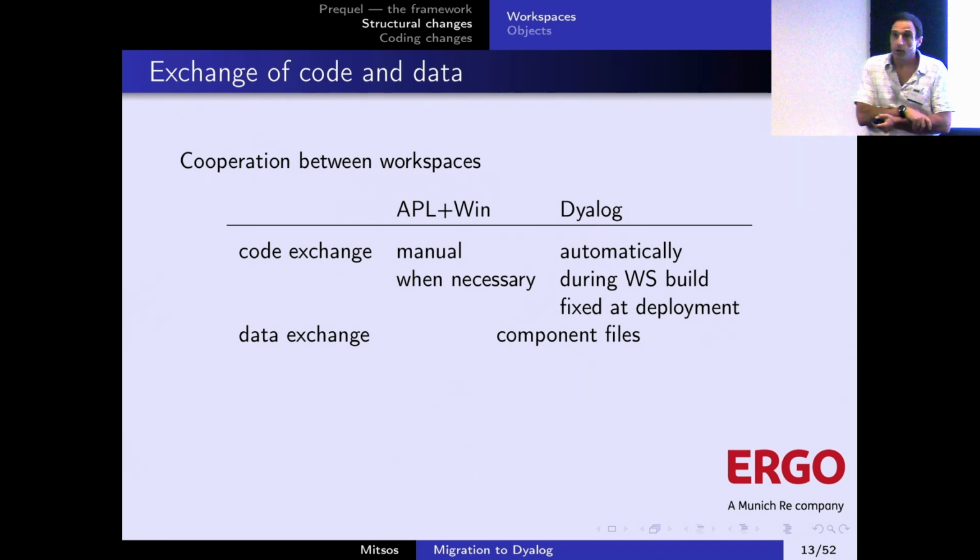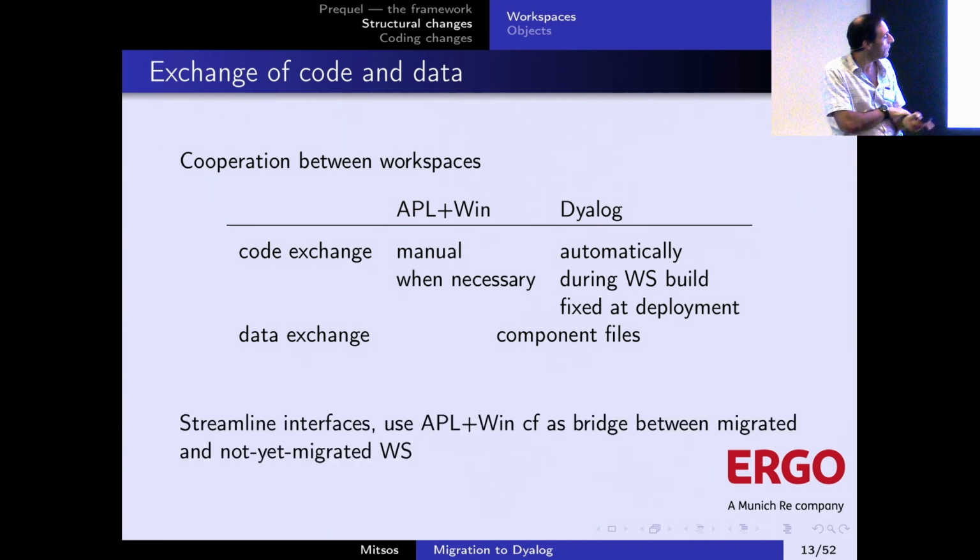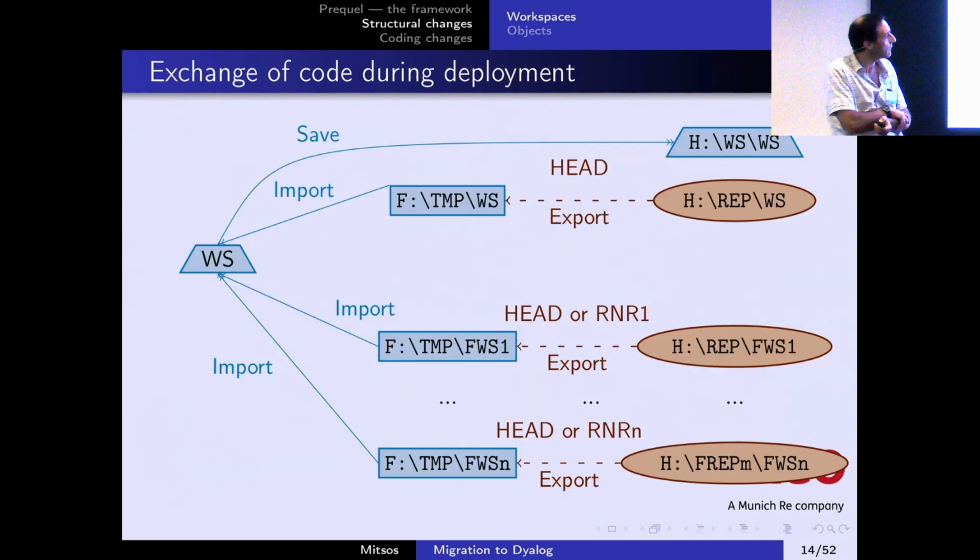Data exchange, I always used component files for it, and I still do. The interesting thing is streamlining the interfaces. I can use APL+Win component files also as a bridge between migrated and not yet migrated workspaces.